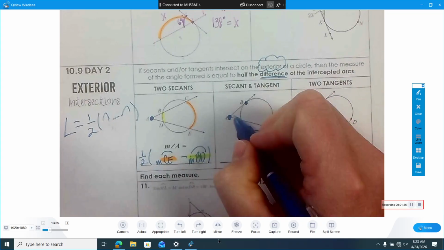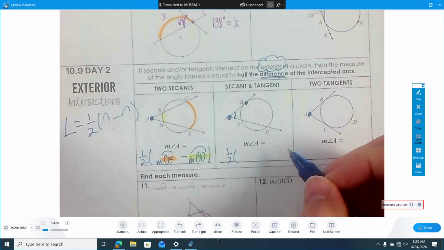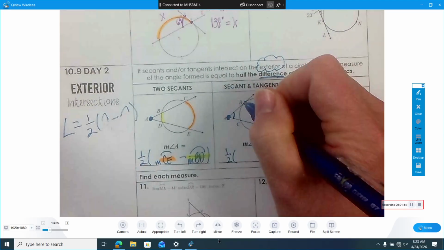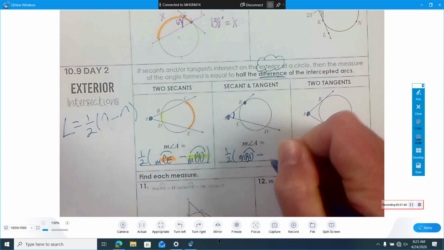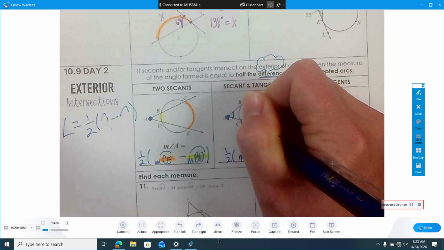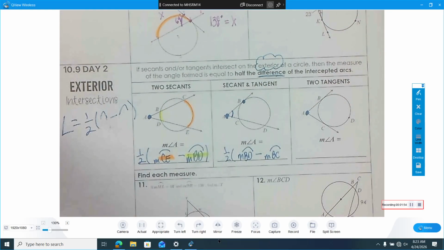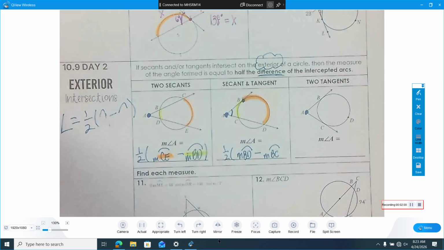And so the measure of angle A equals half of what minus what? The measure of arc BD minus the measure of arc BC. So again, far minus the near little arc there.